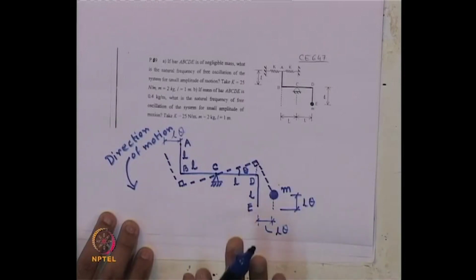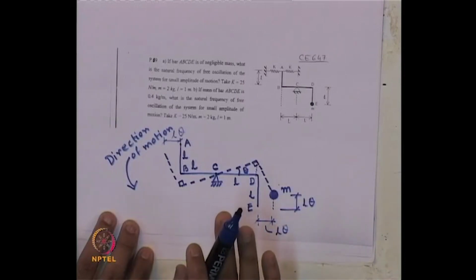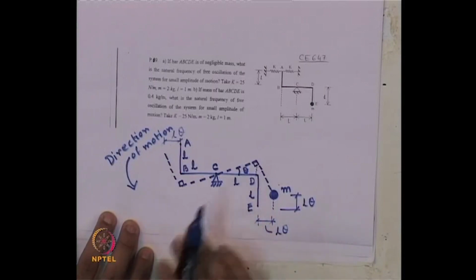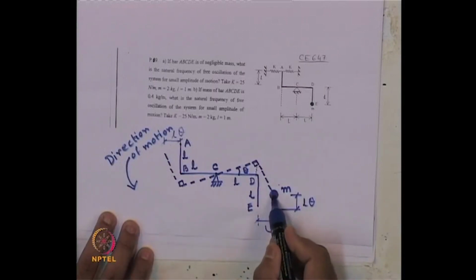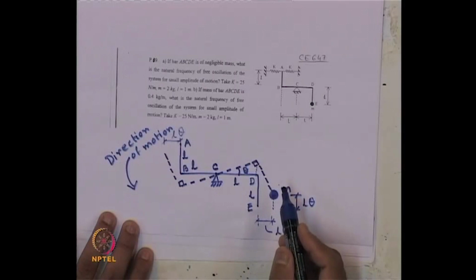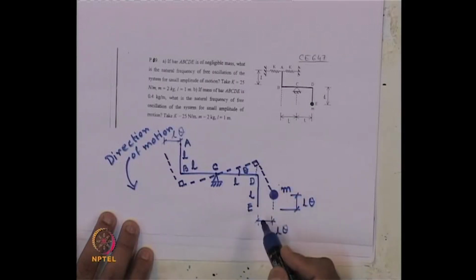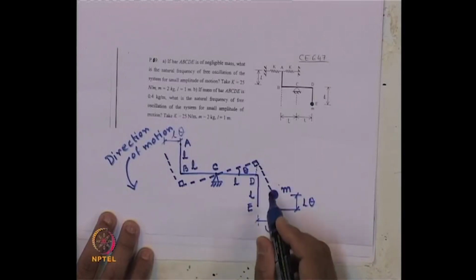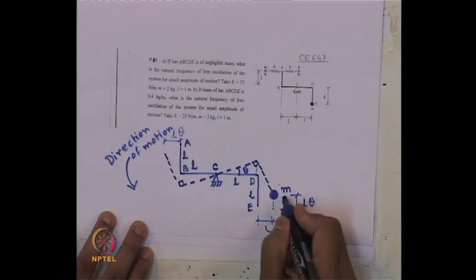So, there is no question of mass moment of inertia for that rod, but this concentrated mass M will be subjected to inertia forces because it has been displaced. So, it will have acceleration both in vertical direction as well as horizontal direction, because it has two directions of movement. So, there are two inertia forces.